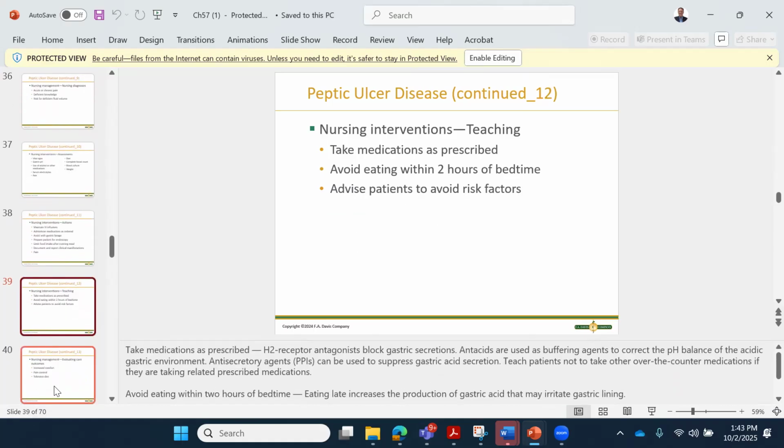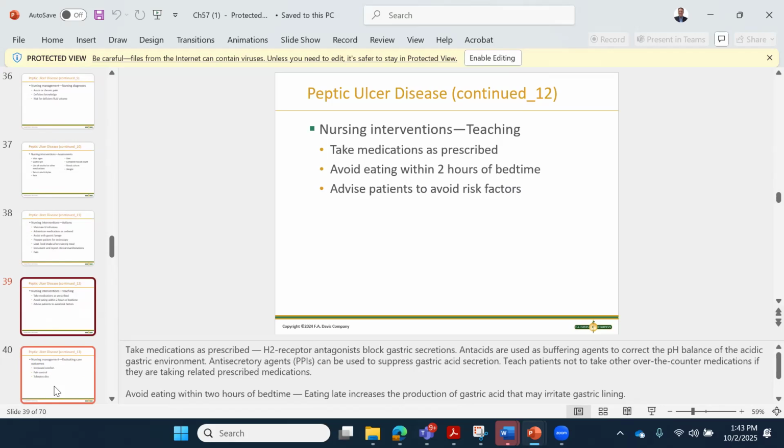So there's going to be a lot of teaching. And again, this will never be delegated as it relates to their medications, about avoiding eating within 2 hours of bedtime, and to avoid other risk factors. And so we all know that there's a lot of non-pharmacological risk factors as it relates to not just peptic ulcer disease, but GERD.